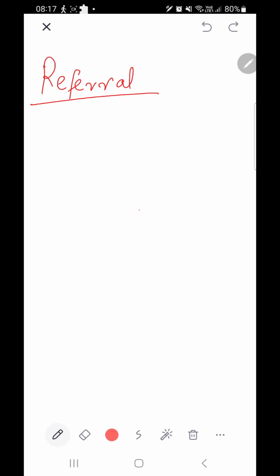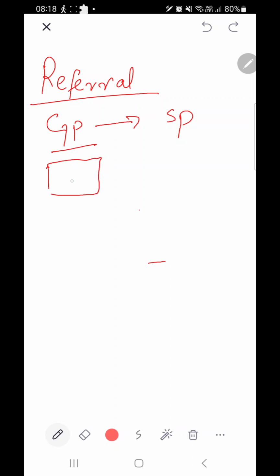But generally speaking, the general concept in a simple referral letter is that the GP will be writing this letter to a specialist, or in simple words, there is a point in time in future when the GP might not be able to manage this condition. Now he's referring this letter to the specialist to handle the case, right? So you can say GP to specialist referral.